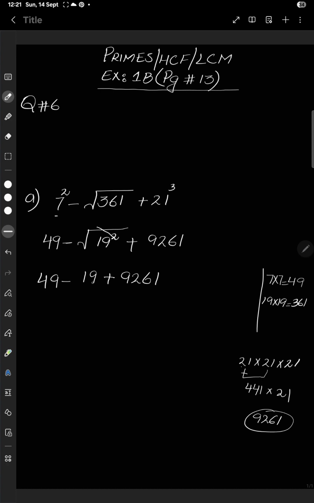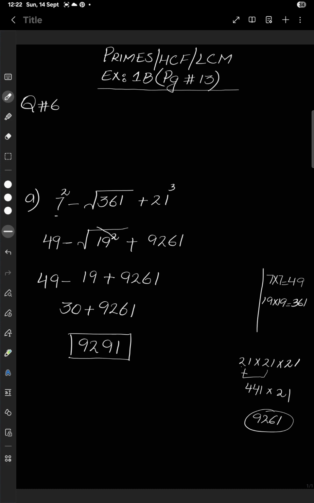Now I will subtract 19 from 49. When I subtract, my answer will be 30. 49 minus 19 is 30, plus 9261, and when I add these two numbers, my answer will be 9291. That's it. Look how easy it is to do this question even without using a calculator.